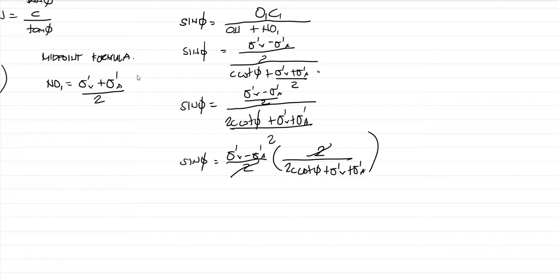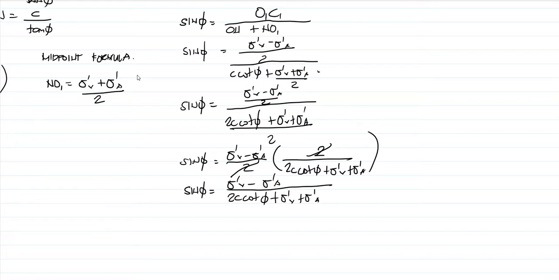So, the resulting equation will be sine of phi is equal to sigma prime of B minus sigma prime of A divided by 2C cotangent of phi plus sigma prime B plus sigma prime A.